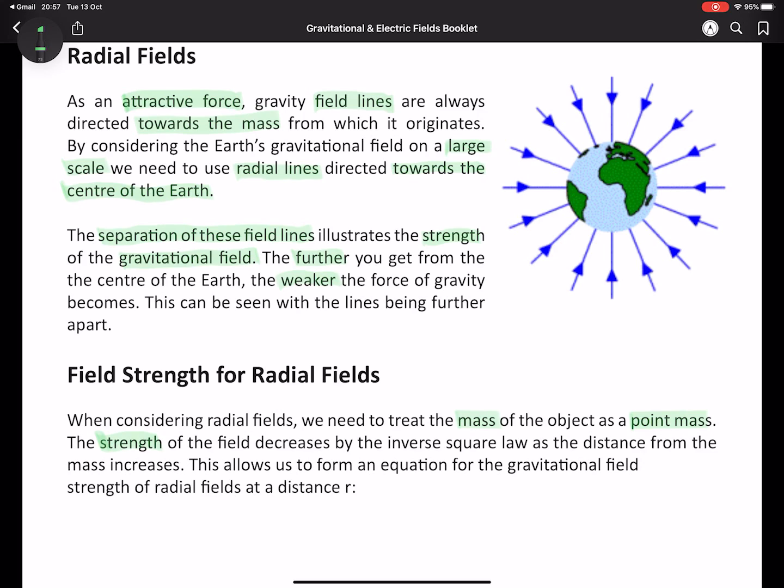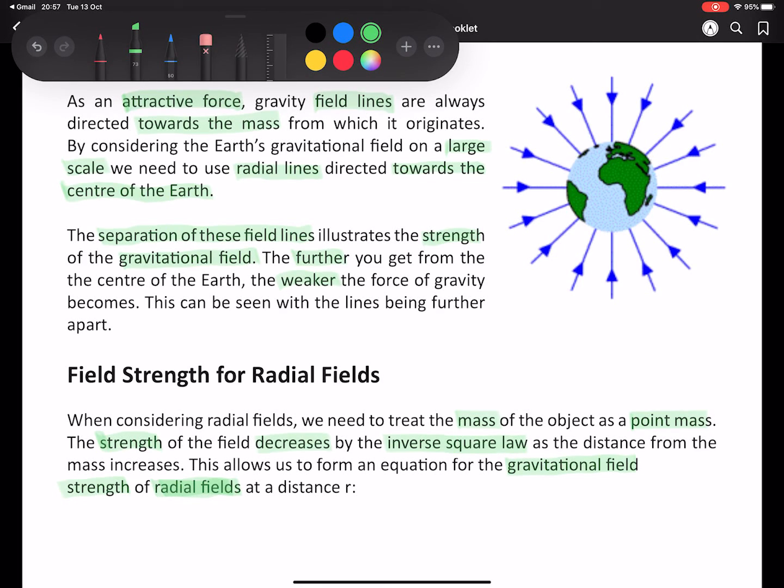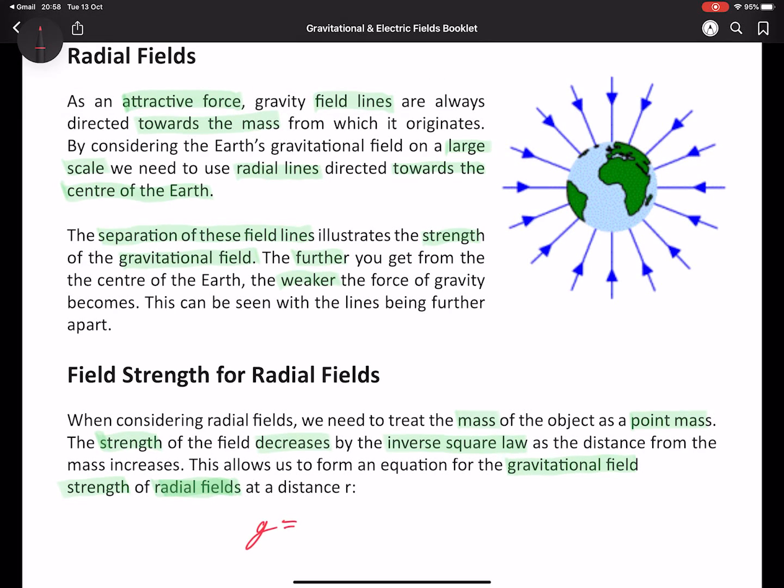This avoids any complexities of something being positioned inside the Earth or different densities at different positions due to different parts of the planet. We just treat it as a point mass, plain and simple. And we know that this idea of it weakening with distance follows what we've previously seen with the inverse square law, which is a critical thing to know and relate to in the entirety of this field's topic.